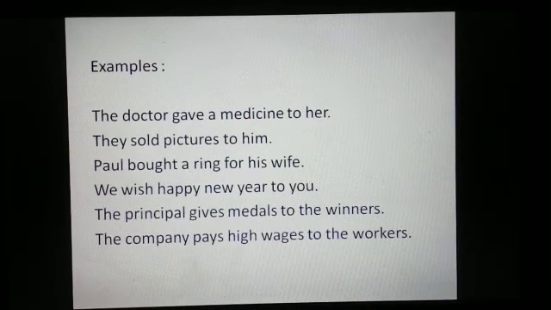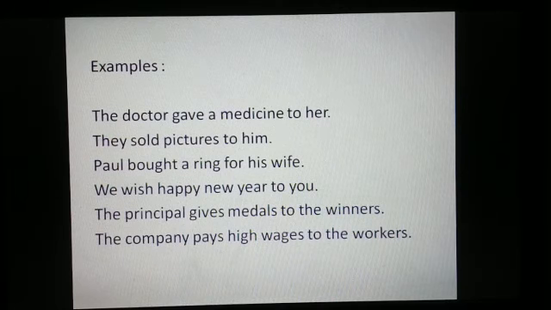Now, to understand this pattern more clearly, boys and girls, you can use the same question trick with this pattern also. The question with what and to whom or for whom. Like, the doctor gave what? A medicine. To whom? To her. They sold what? Pictures. To whom? To him. Paul bought what?